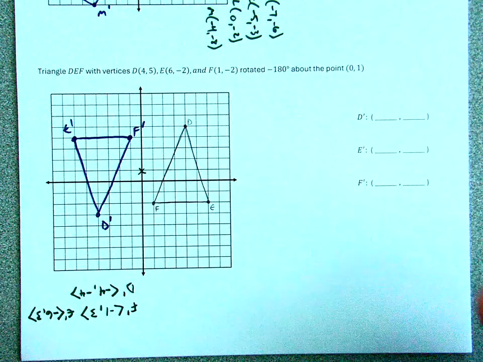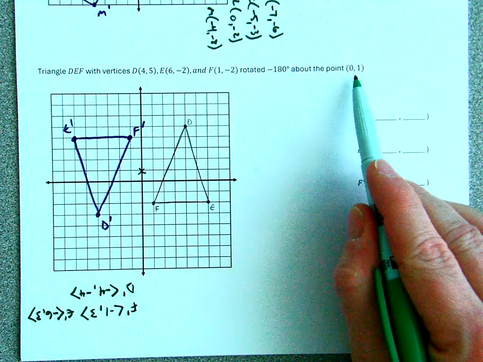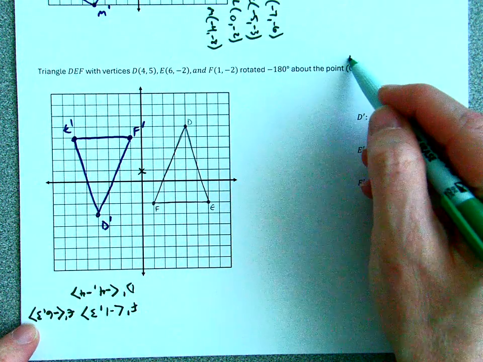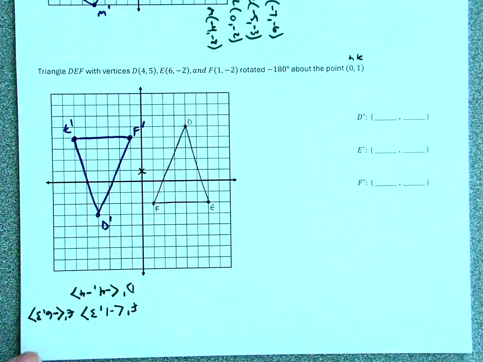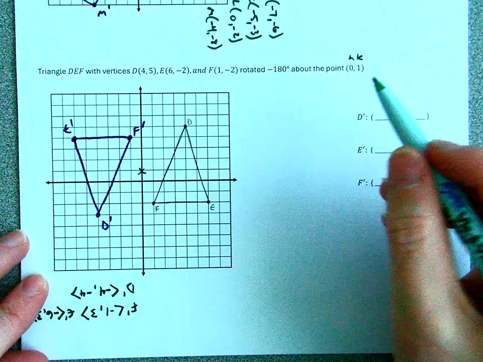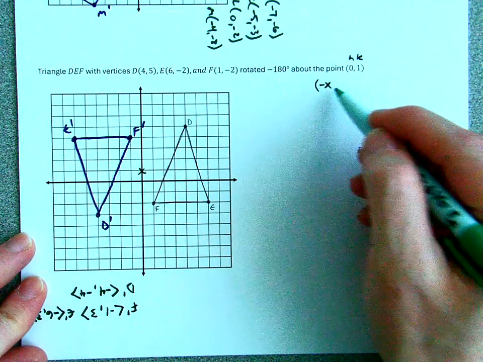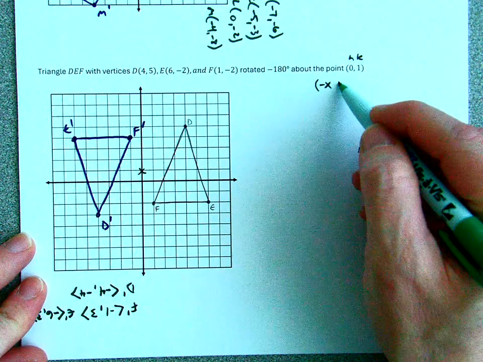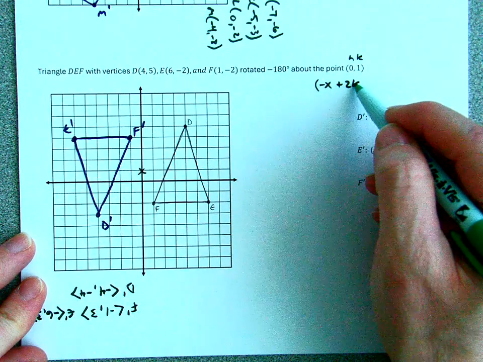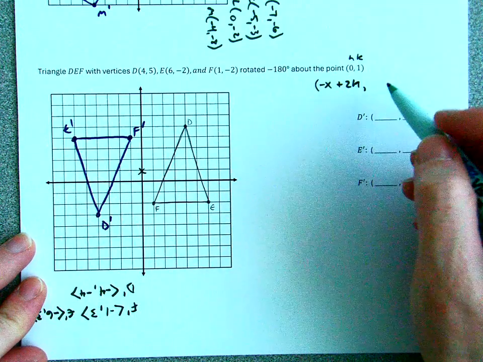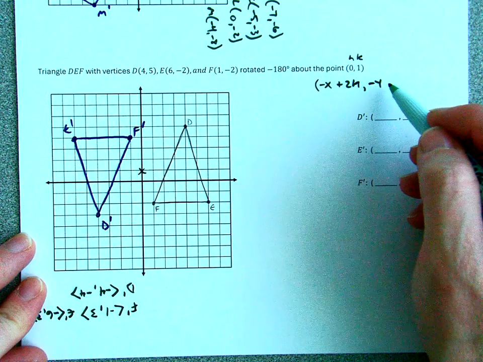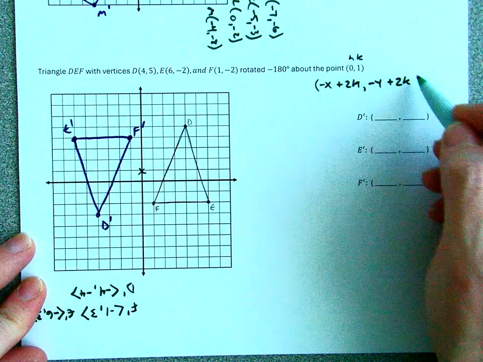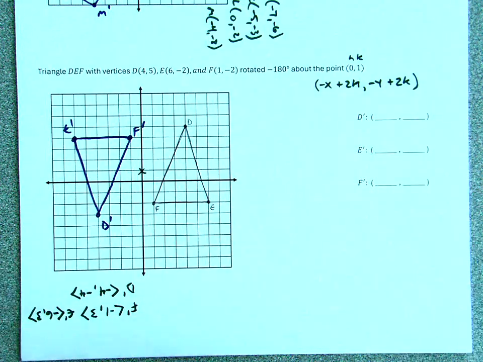So in this case, I'm using the point where this is my H and this is my K, right? So in this case, it's going to be the opposite of X, plus 2 H's, that's an H. And then the opposite of Y, plus 2 K's. Okay.